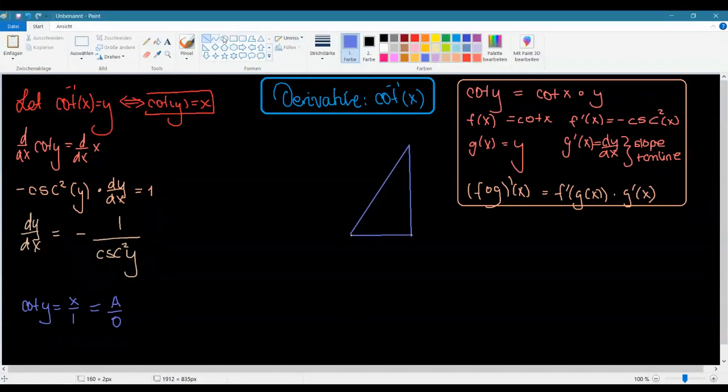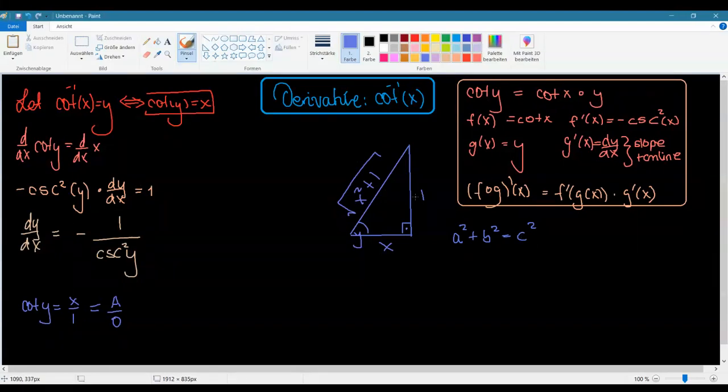If this is our angle y right here, and this is 90 degrees, then we know that the adjacent of that angle is x, and the opposite is 1, and therefore the length that we don't have is the root of x squared plus 1 squared, which is x squared plus 1, because the formula is a squared plus b squared equals c squared. So if you want to get one of those, you need to take the root of the other two.